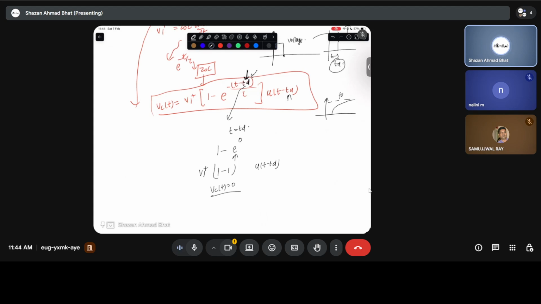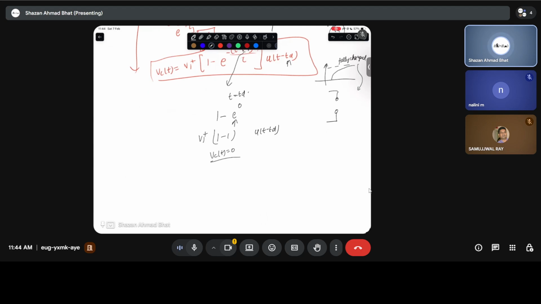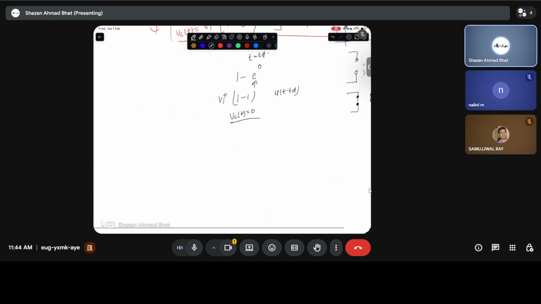At this time it will be fully charged, and once it's fully charged, the output circuit will open, and then when it discharges, it will again start to charge, the circuit will close, and until it's charged, it will again start to open the circuit. So that's how the transient of the capacitor works.